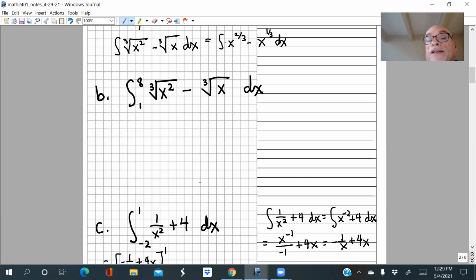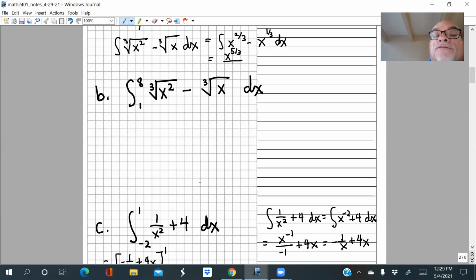All right, so now we're finding the antiderivative of x to the 2/3 minus x to the 1/3. That's just powers of x, though. Yay, we just have powers of x. And powers of x are easy to integrate, right? Just use the power rule. So you would have x to the 2/3 plus 1, that's 5/3.